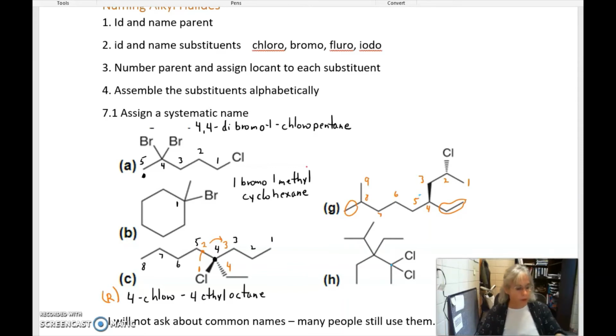So this is going to be 2-chloro, ethyl comes next in the alphabet, so it'll be a 4-ethyl, and then an 8-methyl, and we've got a nonane here.